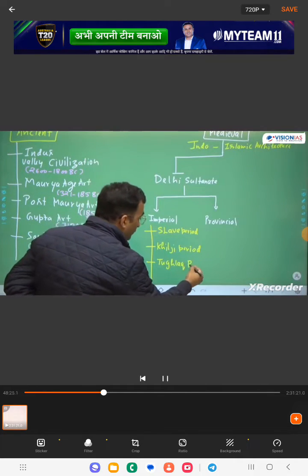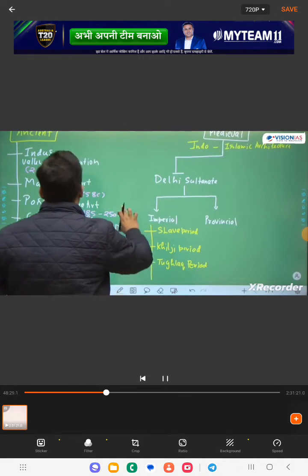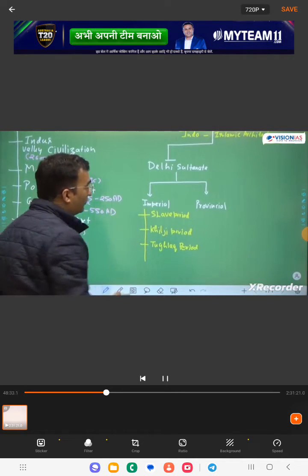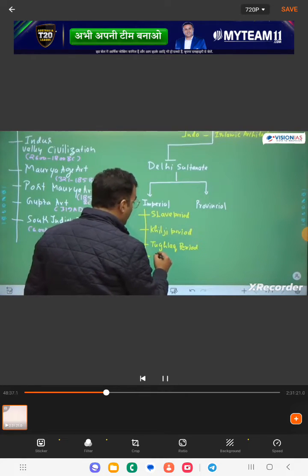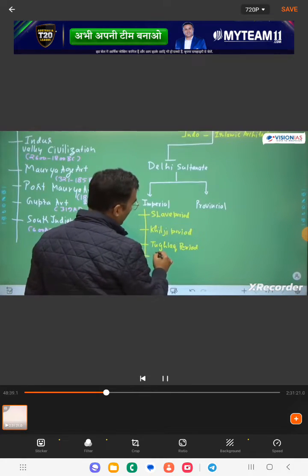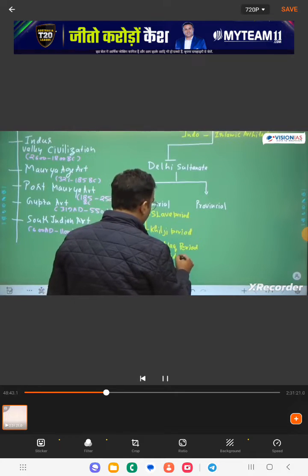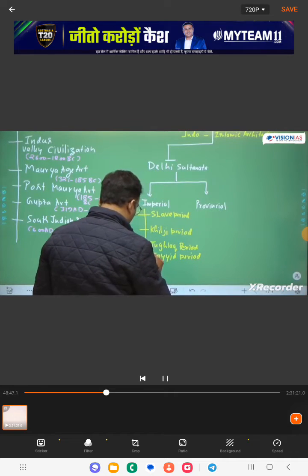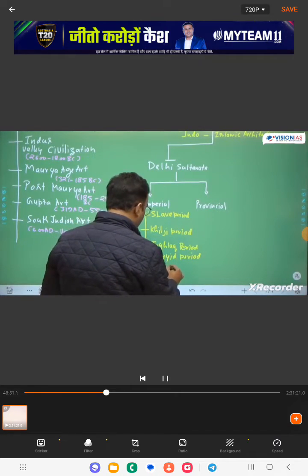Then the Tughlaq period, I hope it is all visible to you. And then after the Tughlaq period, the next one would be the Sayyid period. And after the Sayyid, the last one is the Lodi period.